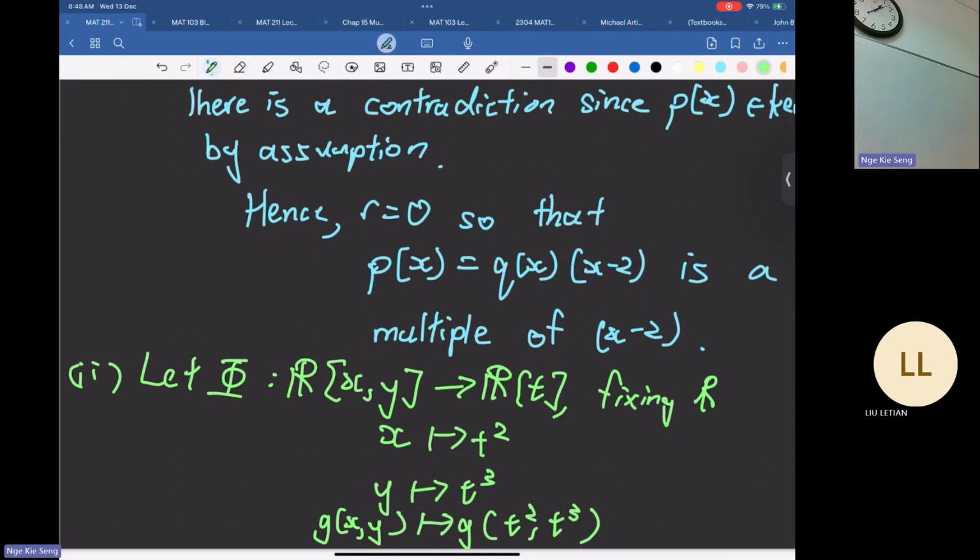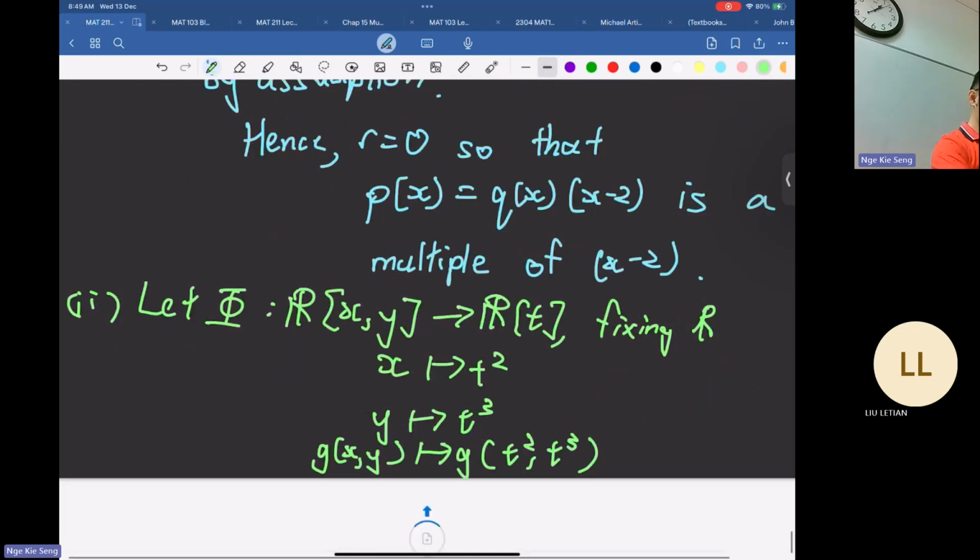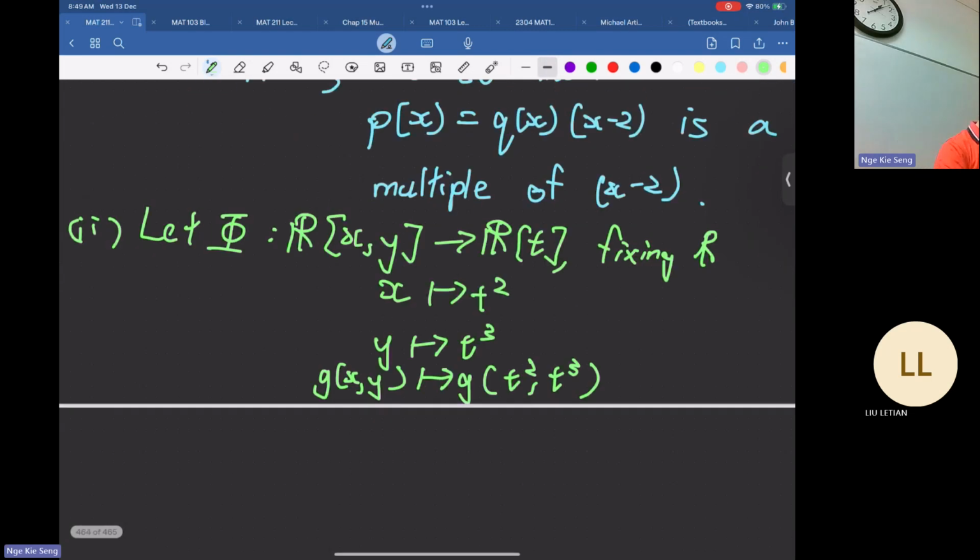What's the thing that gets sent to 0 under this map? x cubed minus y squared. So the kernel of this map is generated by x cubed minus y squared.